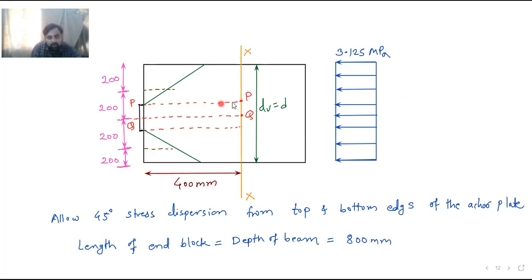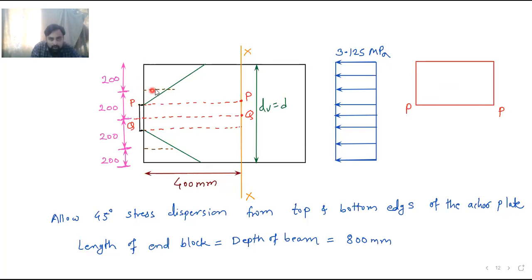Okay. So if I draw this area separately, for your understanding, it will be like this. Here your PP section is there. And you can see this length up to this point is 200, then up to this point it is 200.